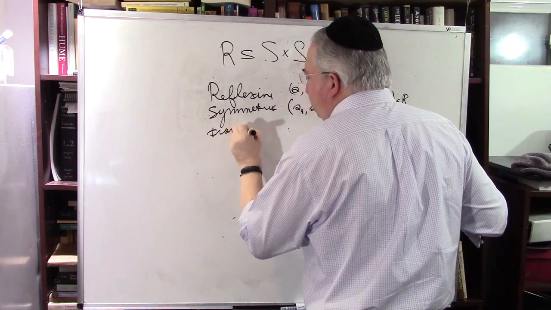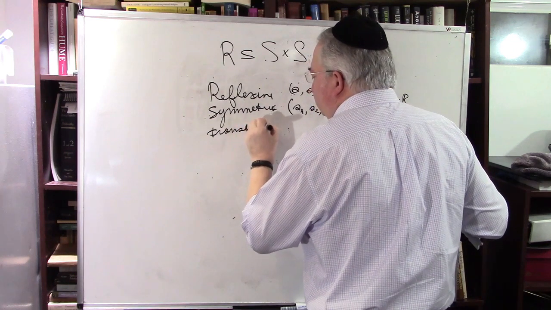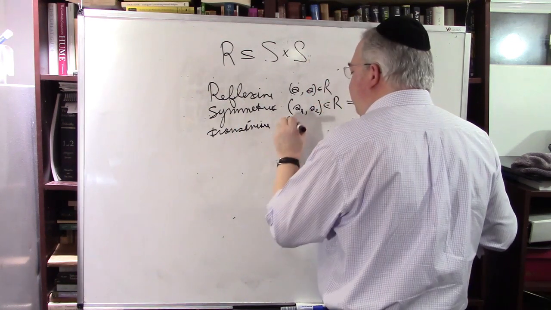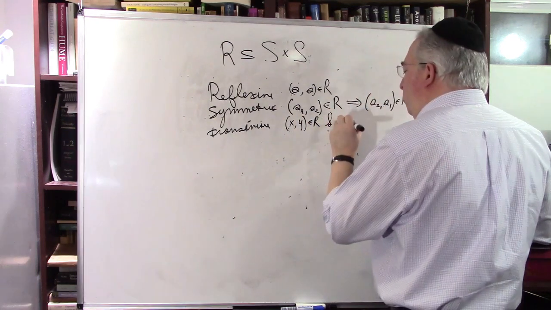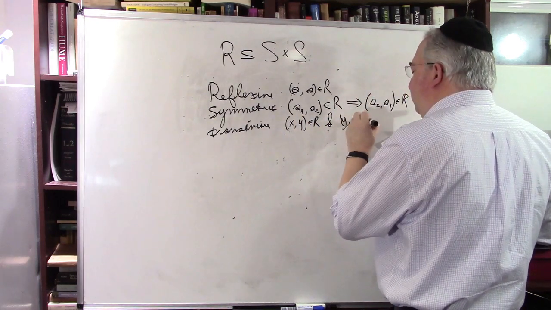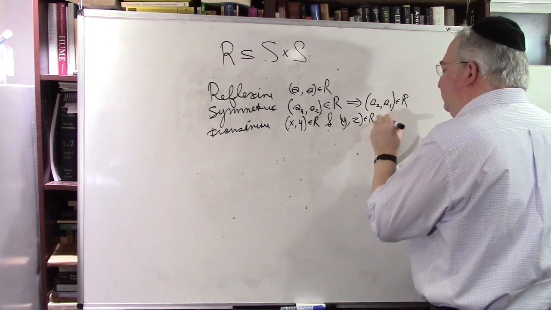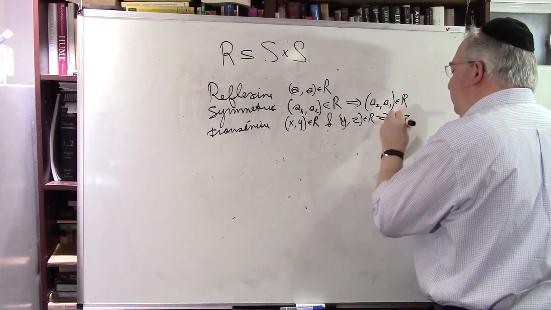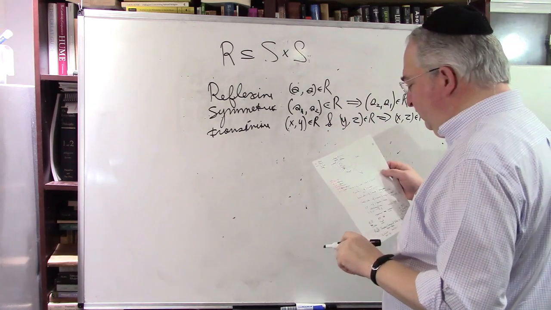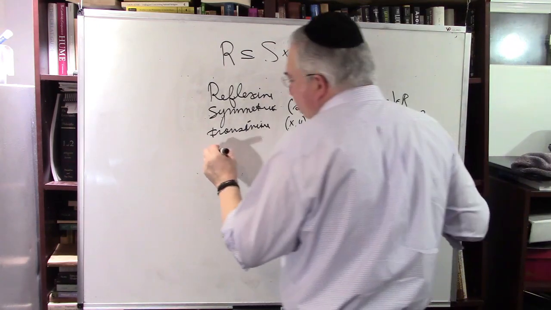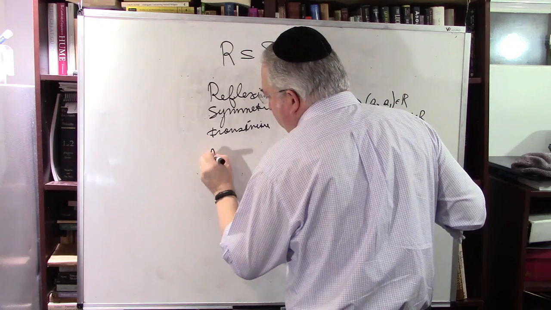Okay, transitive. I'm sorry, I'm going to go back to talking about X and Y. So if X comma Y is a member of R, and Y comma Z is a member of R, that implies that X comma Z is a member of R. Okay, so that's transitive. Another one is called antisymmetric.